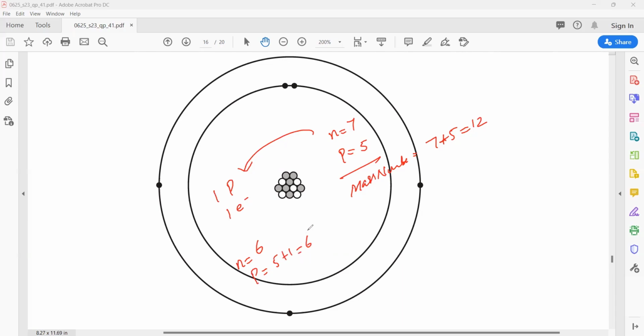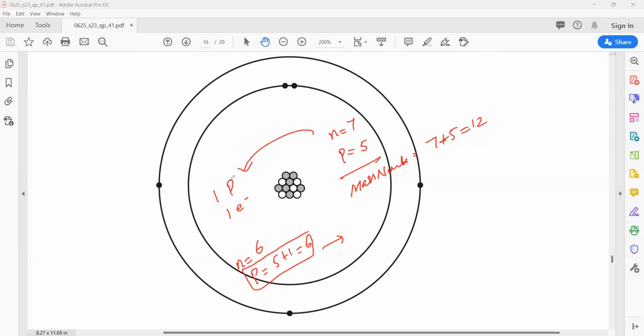So when the proton number changes, the element changes, because the number of protons decides the element. If that is changed, the element will also change. Got it? So the new one has 6 protons and 6 neutrons.